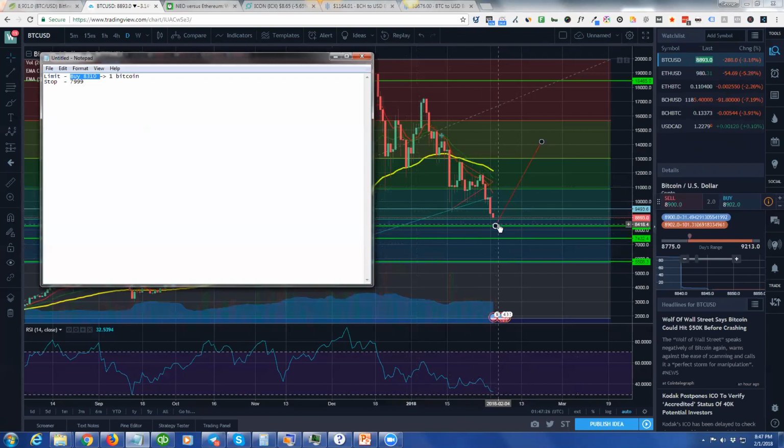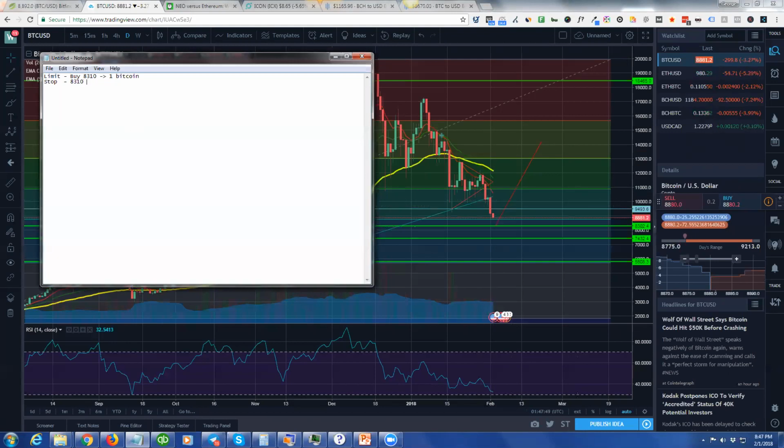So let's say it worked in our favor and it came down here. It bounced off of 83.02 and then started up here. So as soon as it gets up to, actually, let's do 9,000. What we can do initially is take our stop loss and move it up to break even, right?